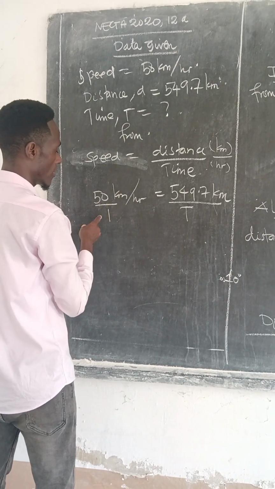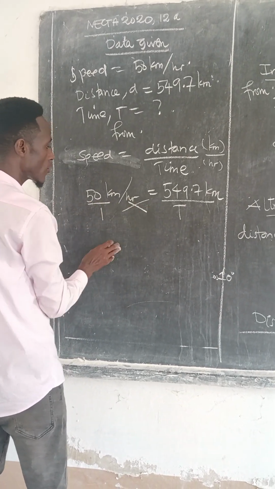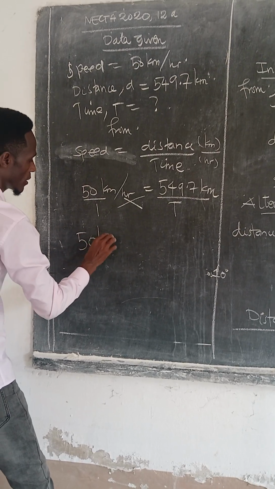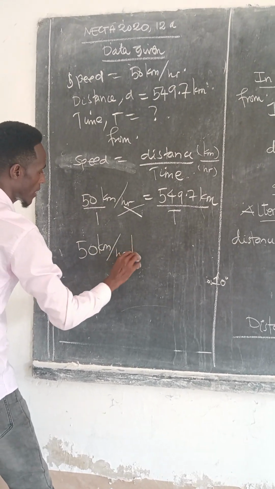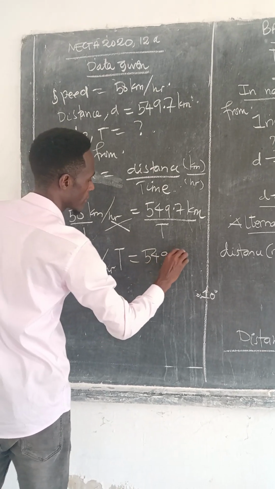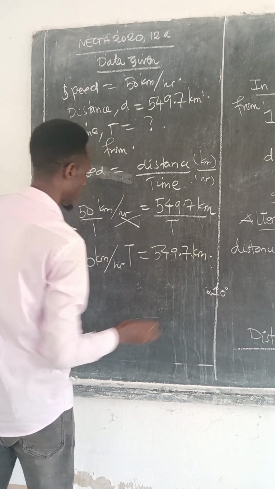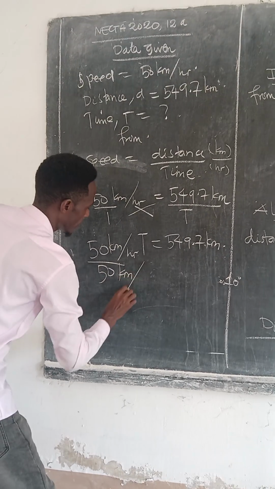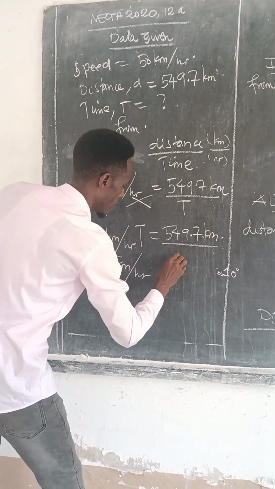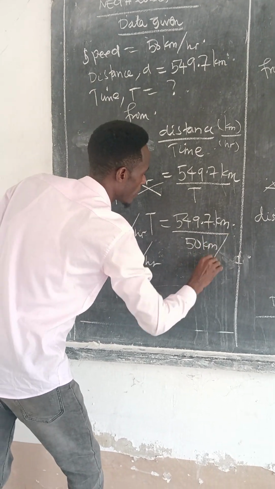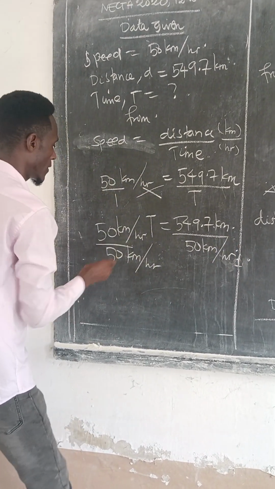So you just put it over 1, then cross multiplication. You find that it will be 50 kilometers per hour times time equal to 549.7 kilometers. So it is very simple now. Just divide by 50 kilometers per hour on both sides.